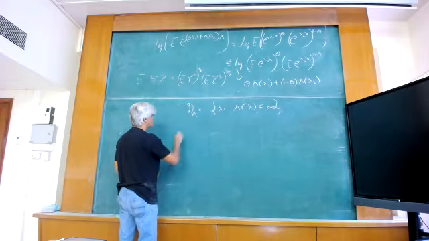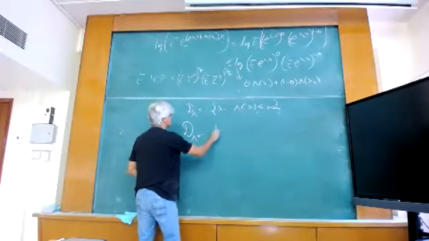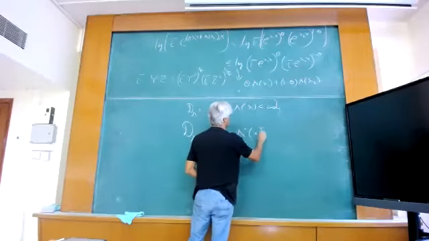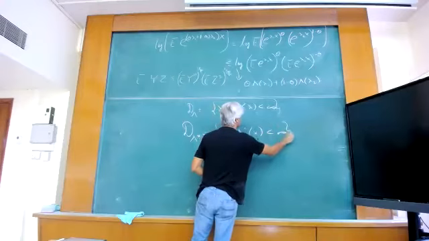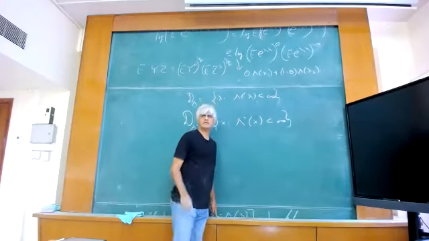Now let's also define the set of x such that lambda star of x is less than infinity. We want to show that lambda star is convex.